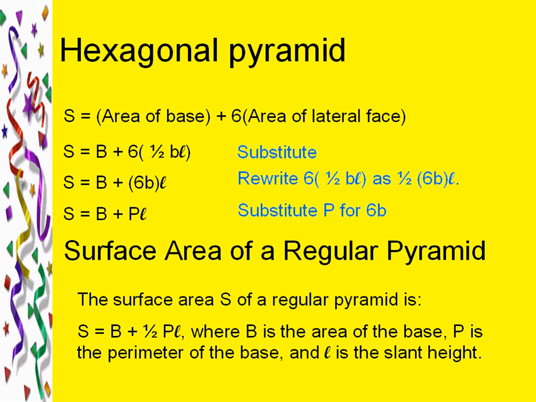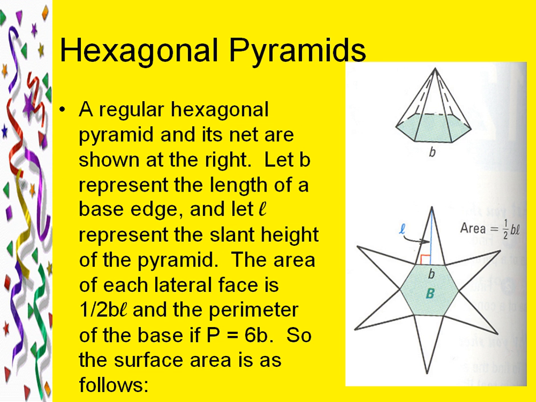What if we pull the 1/2 out front and we combine the 6 with the b? What is 6 times b? If b is the length of one of the sides of that hexagon, yeah, it's the perimeter, isn't it? That's just the perimeter around the base, right?